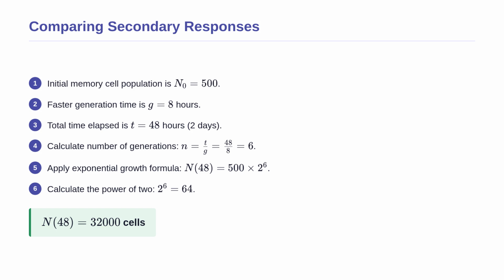Dividing 48 by 8 gives us 6 generations. We multiply our initial 500 cells by 2 raised to the 6th power, which is 64. This arithmetic yields a massive total of 32,000 fully functional immune cells in just 2 days. This perfectly illustrates the mathematical advantage of having a primed immune system.